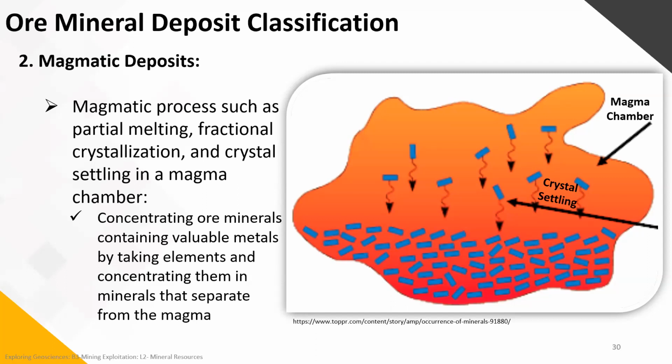So the magmatic process, such as partial melting, fractional crystallization, and crystal settling in a magma chamber, basically concentrates the ore minerals containing the valuable metals by taking the elements and concentrating them in minerals that separate from the magma, as seen here.